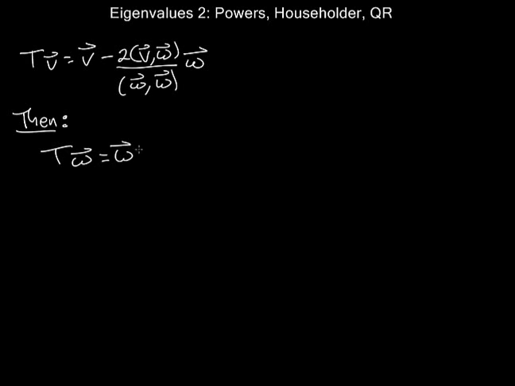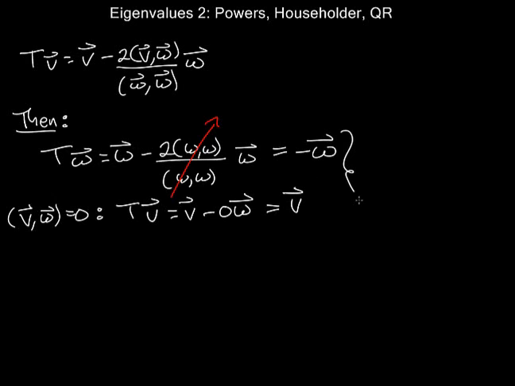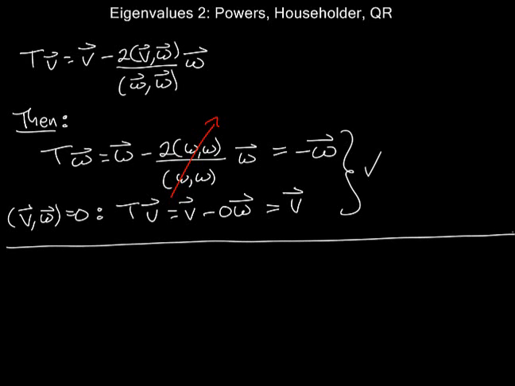T takes W itself to W minus 2 W over W, excuse me, and you cancel those and you get W minus 2W is minus W. And on the other hand, if V is in the plane orthogonal to W, it takes V to V minus 0, which is to say V. And those two properties are exactly the definition of this reflection, so that's the right formula.